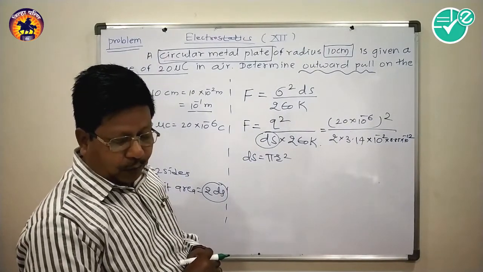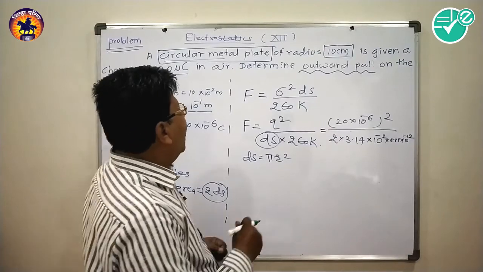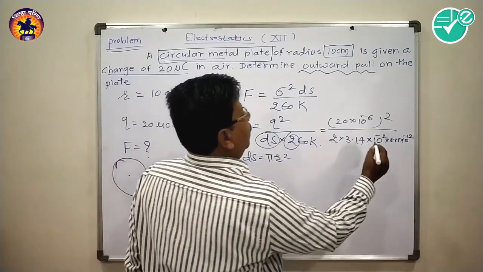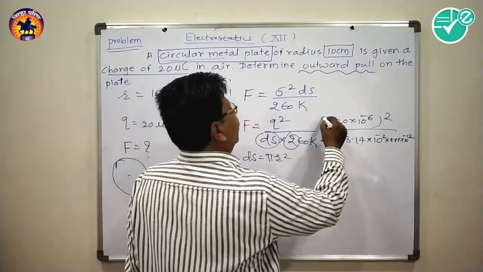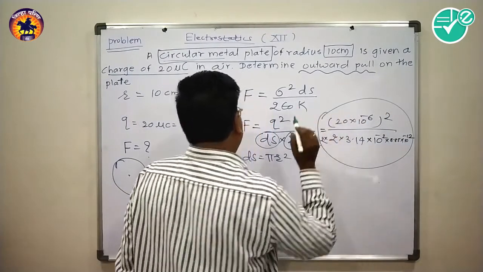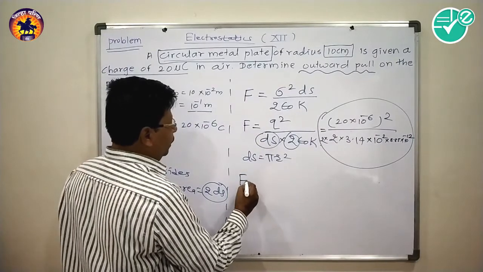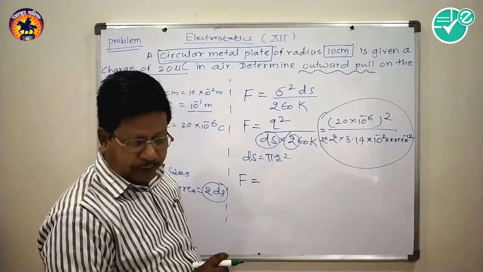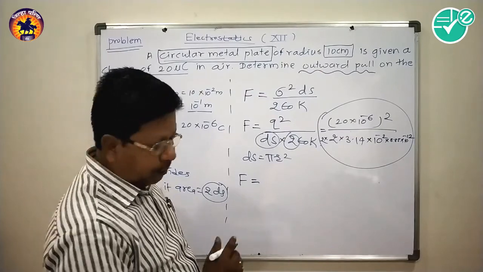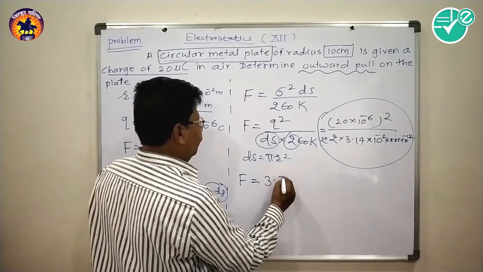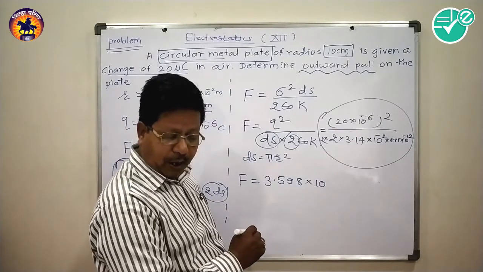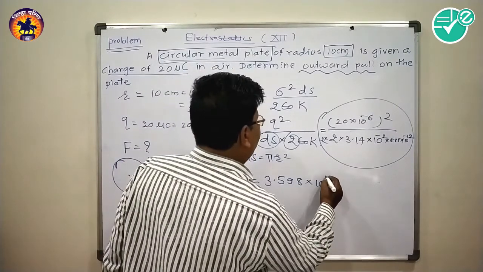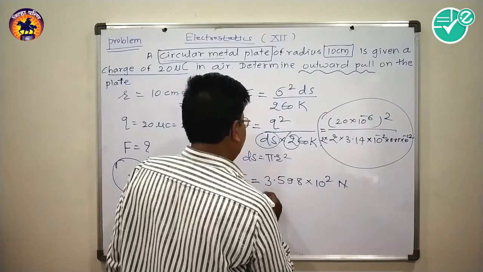And therefore, again here this 2 multiplied by 2. And if we solve this, we get the outward pull, capital F, which is equal to 3.598 into 10 to the power 2, and unit is Newton.